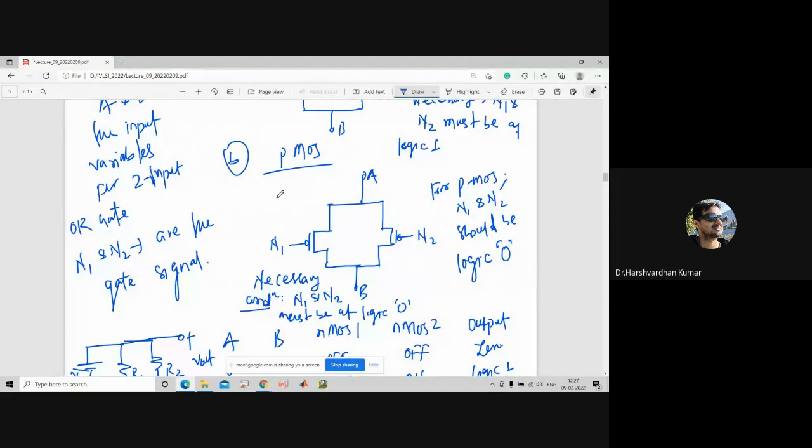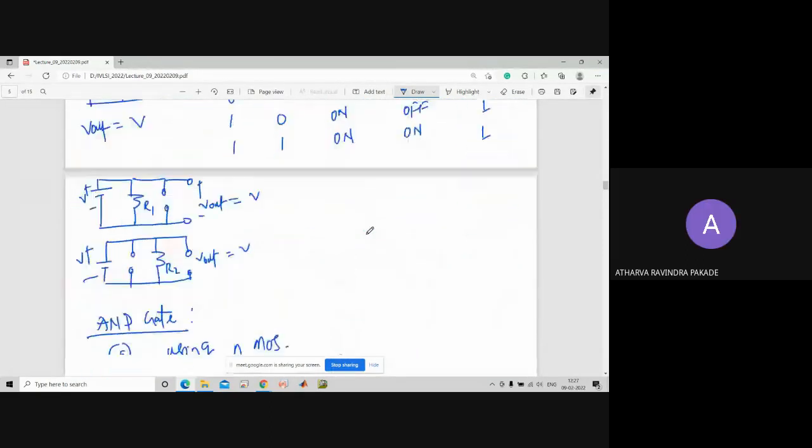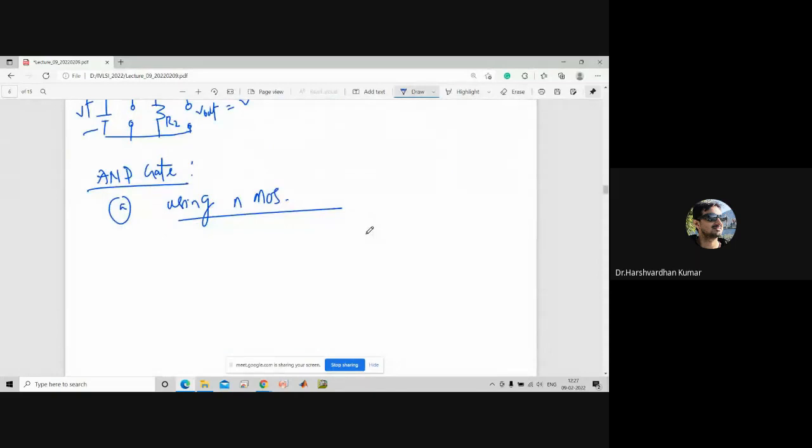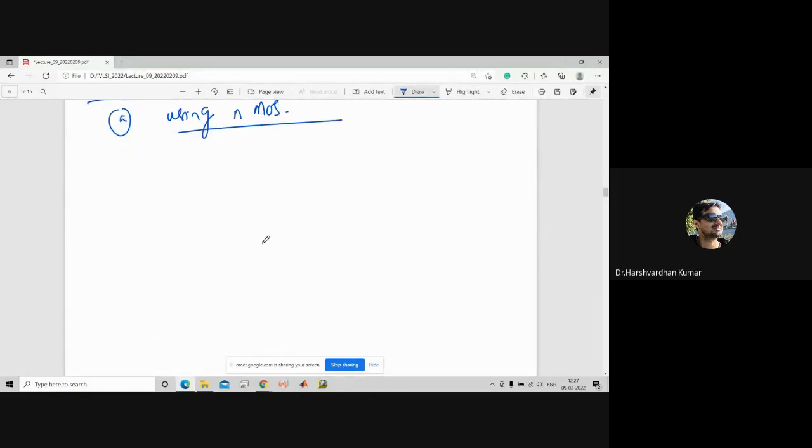How many transistors do you need to connect in parallel for 3 inputs? Yes, sir, 3. So just keep that in mind. And what will be the necessary conditions for the PMOS? Logic will be 0 at N1 and N2 gate inputs. Always remember gate input.